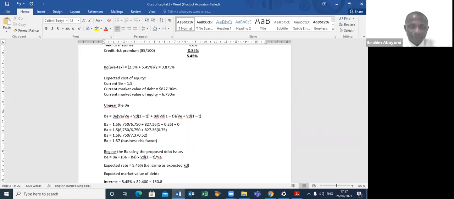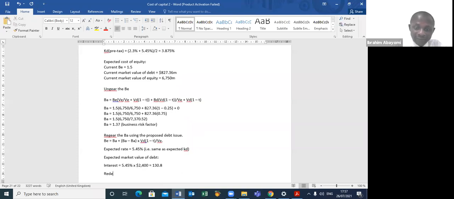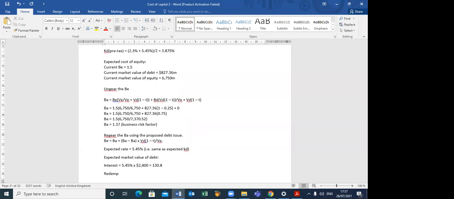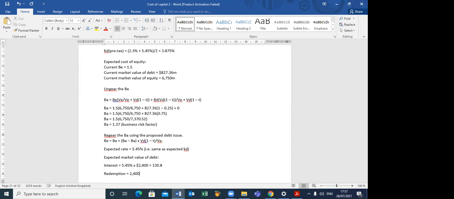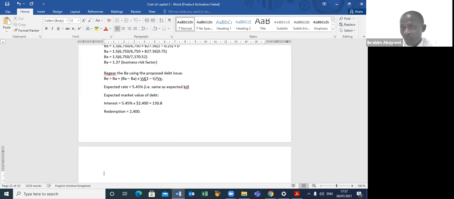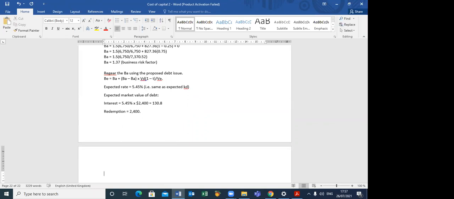130.8. And the redemption value, the question does not give you information on redemption. So we assume that the redemption value will also be at par of 2,400, because the question does not tell you that it's going to be redeemed at premium, except where the question tells you that this debt will be redeemed at a premium.